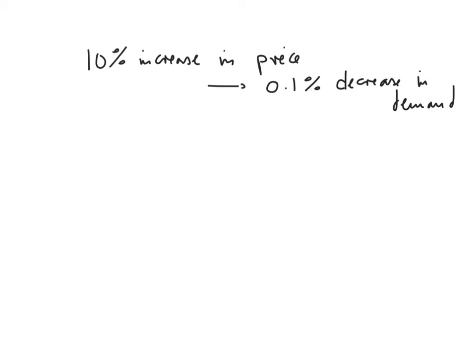Namely, just plugging in the numbers. You know elasticity, and you know how much you want to change the price percentage-wise. You just bring this over. So remember what we did here was E, our 0.016, and that was equal to the change in demand, which is what we wanted to know, divided by 0.1.